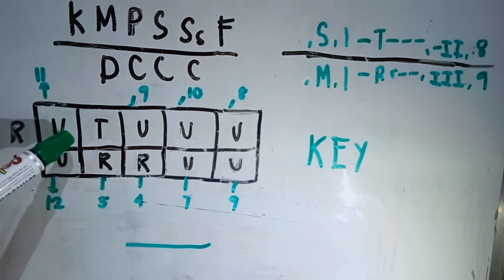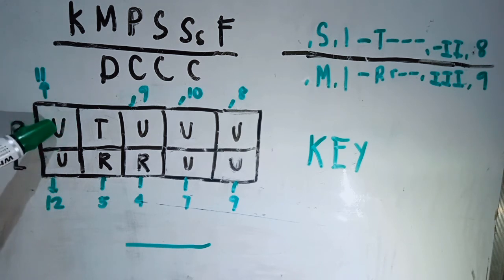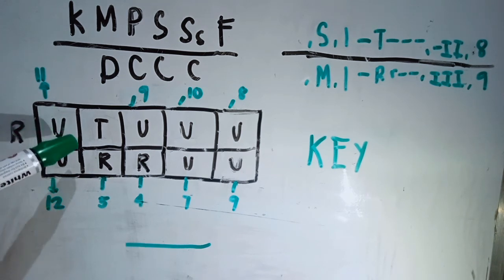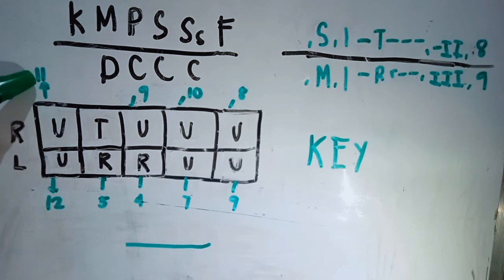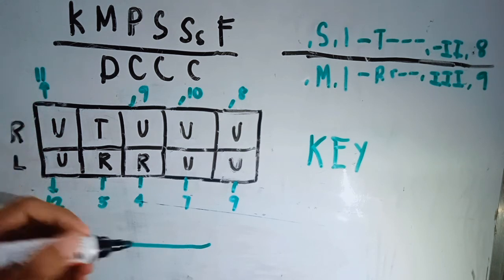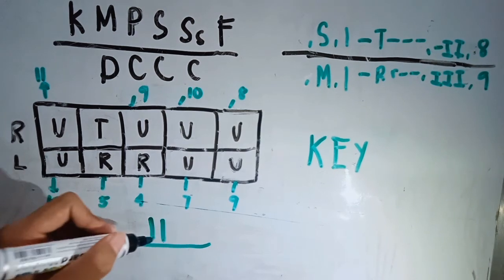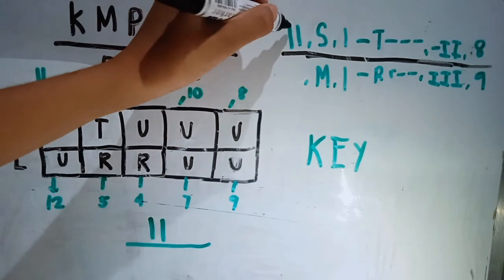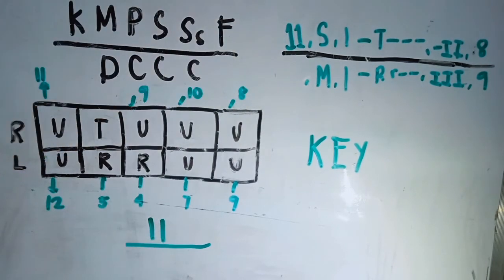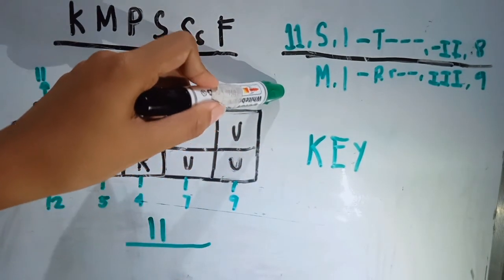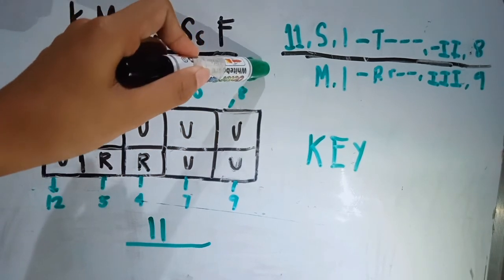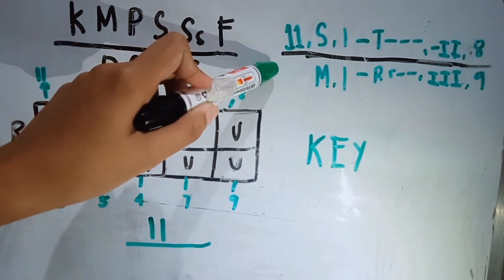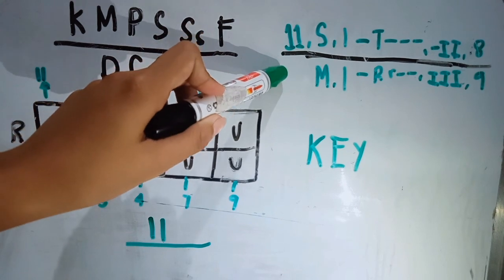As you can see, we see a loop pattern here in the right thumb. The right thumb has a ridge count of 11. 11 is our key classification. So that is the final classification result of my own fingerprint pattern.